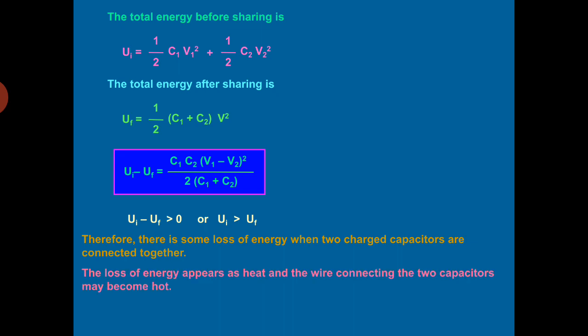The loss of energy appears as heat, and the wire connecting the two capacitors also becomes hot. It also appears in the form of sparking in the connecting wire. So remember, loss of energy appears in the form of sparking and heat produced in the connecting wire.